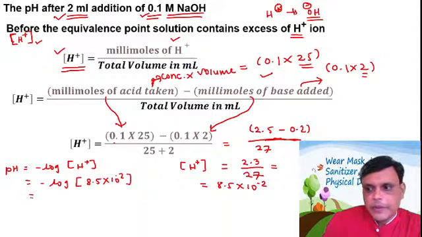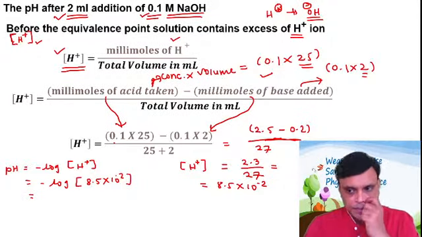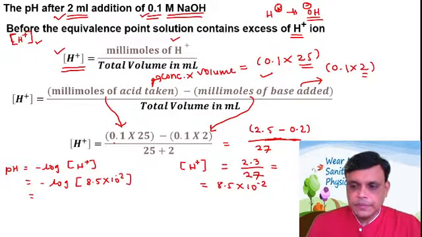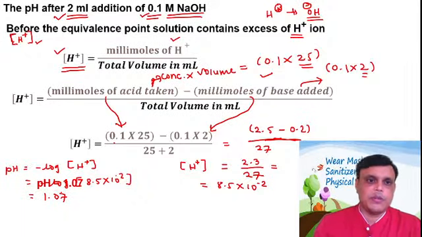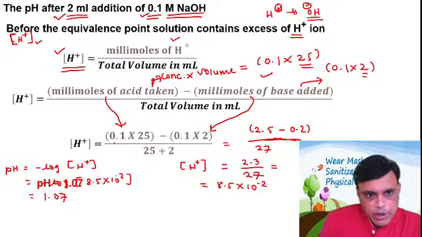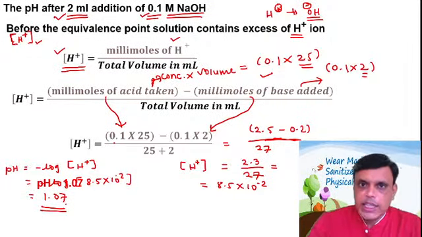How much is this? Negative log of 0.085. The pH is 1.07. So this is the value of pH, 1.07.